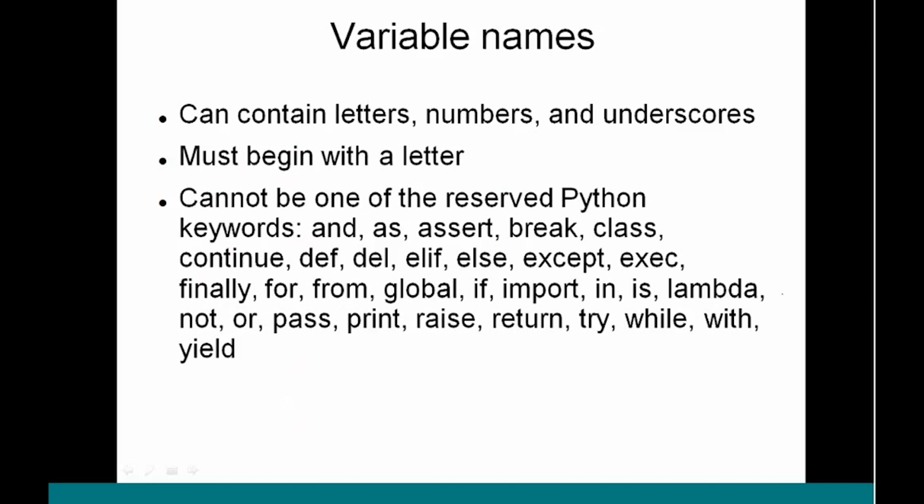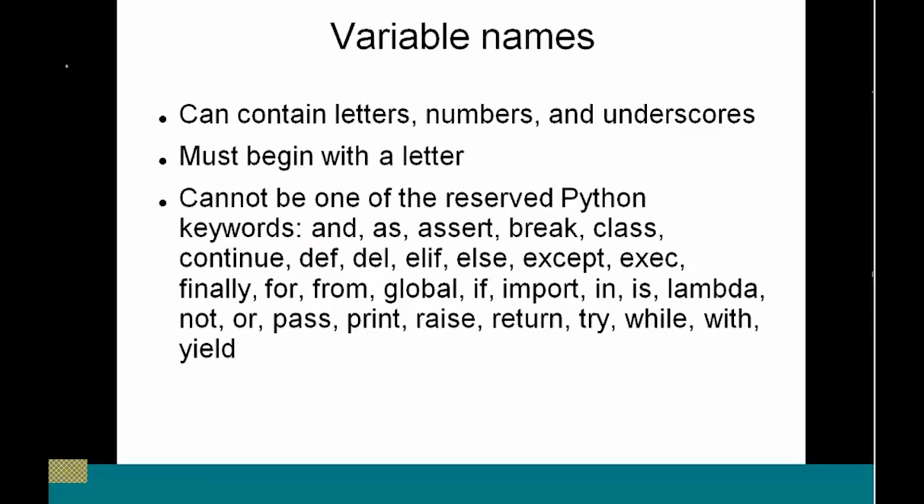So how do we define the variable names? Variable names can contain letters, numbers, and underscores, but they have to begin with a letter, and that's how Python identifies a variable name. It also cannot be one of the reserved Python keywords.